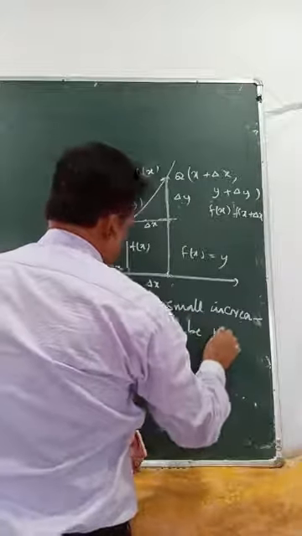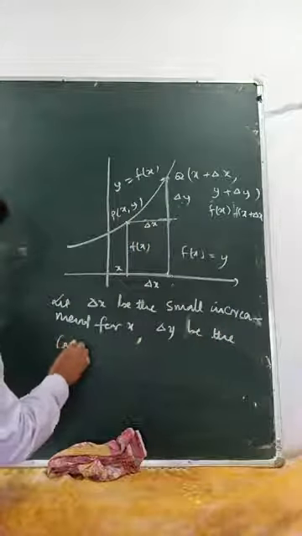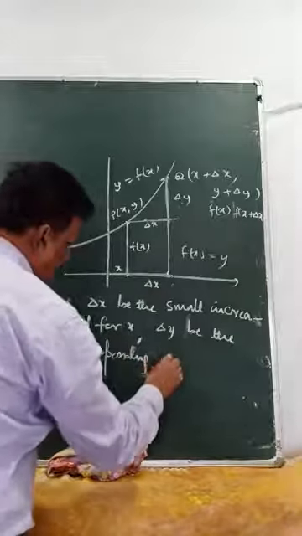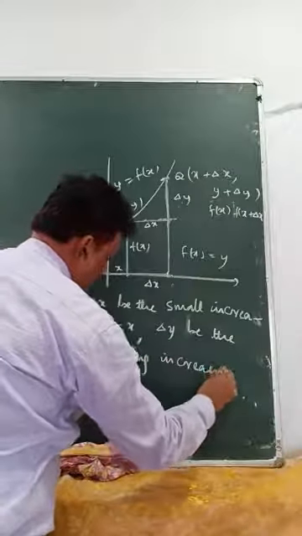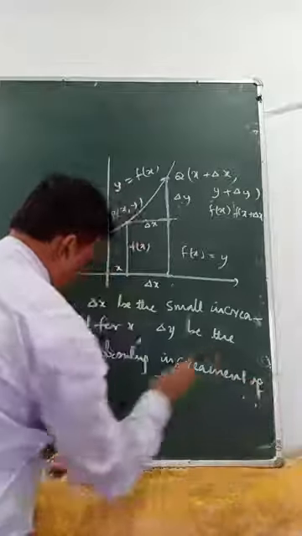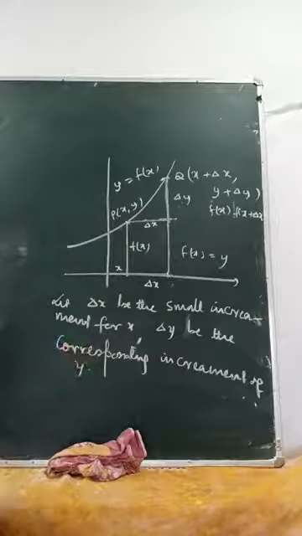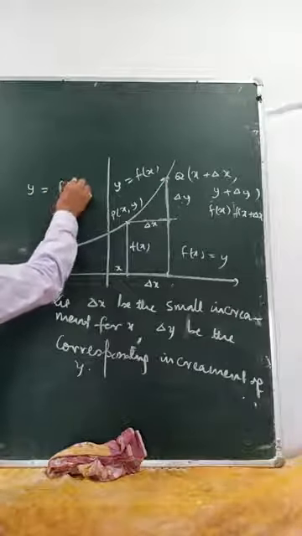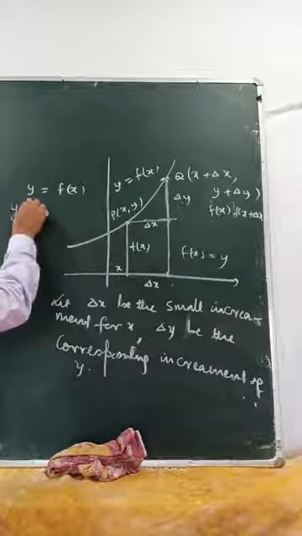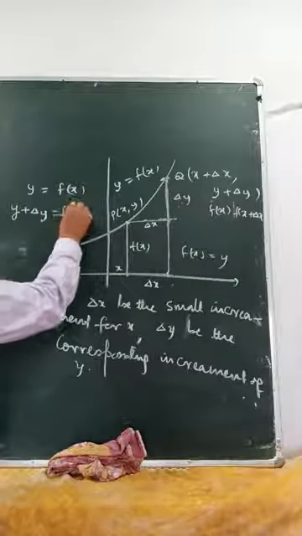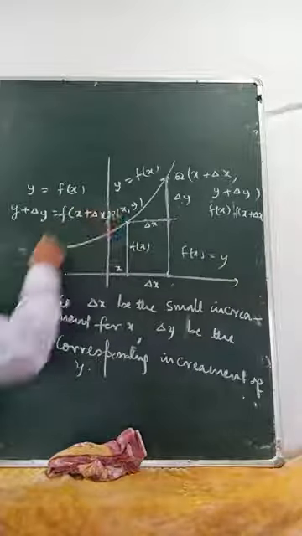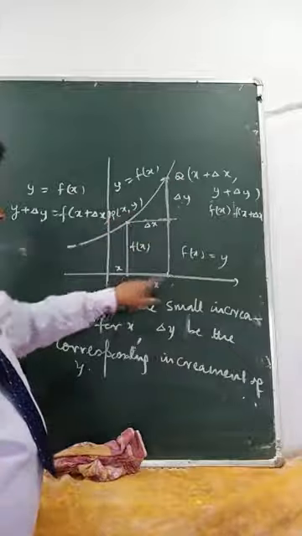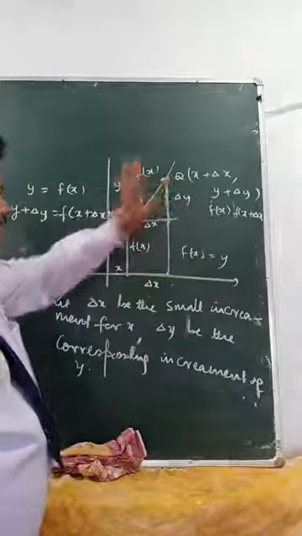So y equals f(x). If delta x is the corresponding increment for x, then delta y is the corresponding increment for y.